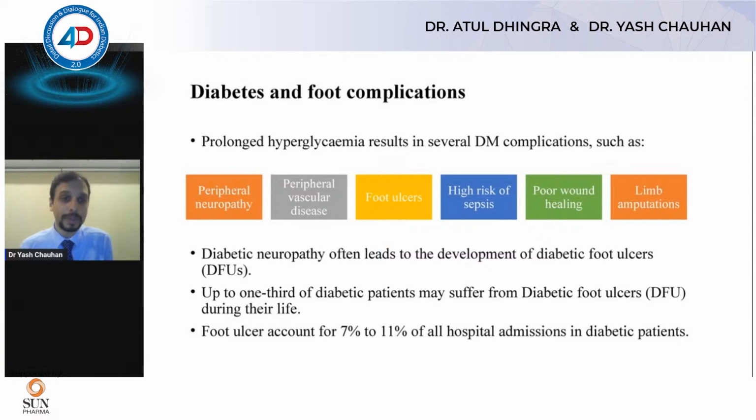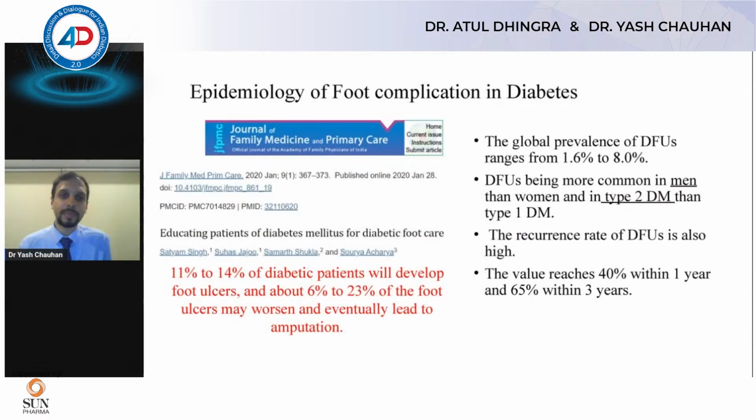One third of diabetic patients in their entire lifetime may develop a diabetic foot, and we admit a lot of patients with diabetic foot, and that leads to loss of life, poor quality of life, loss of their work, loss of their jobs, and of course a strain on healthcare.